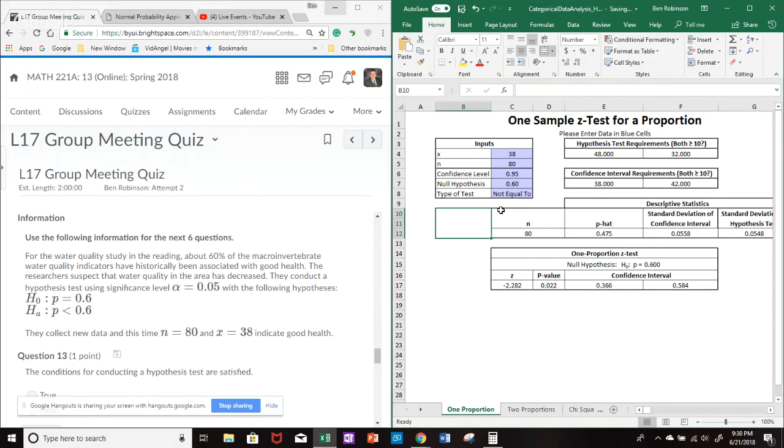They collect new data this time, N equals 80 and X equals 38 indicate good health. The question is, the conditions for conducting a hypothesis test are satisfied.